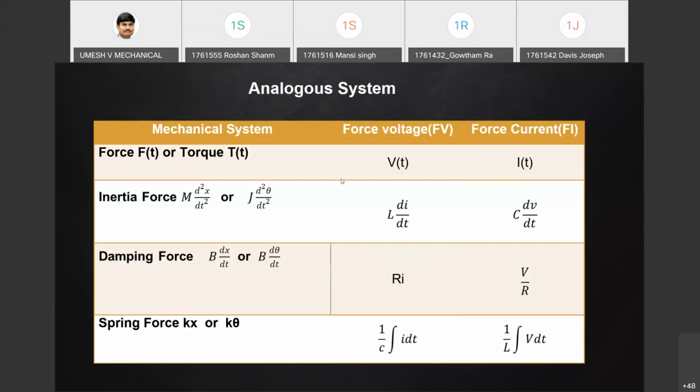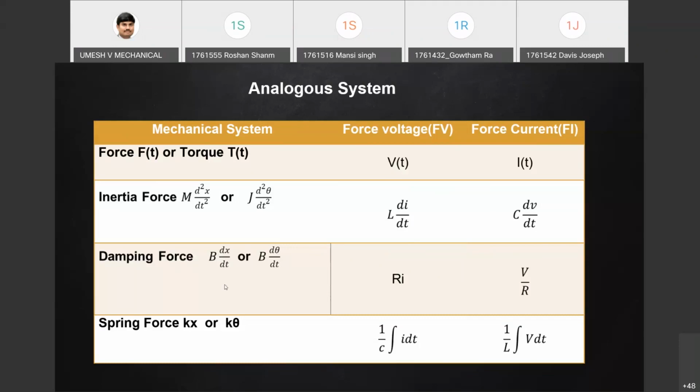For the given differential equation, if the input in the mechanical system is force f of t or torque T of t, the input in the force-voltage analogy will be voltage V of t, and in the force-current analogy it will be current I of t. Similarly, the inertia force, mass moment of inertia force, is M d²x/dt² or J d²θ/dt². The equivalent in force-voltage and force-current will be L di/dt and C dV/dt. Likewise, M is proportional to L in force-voltage and to C in force-current.